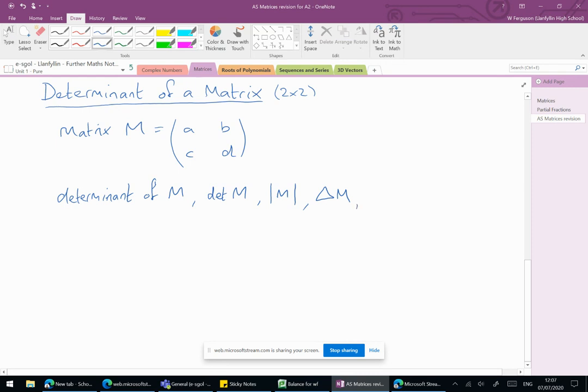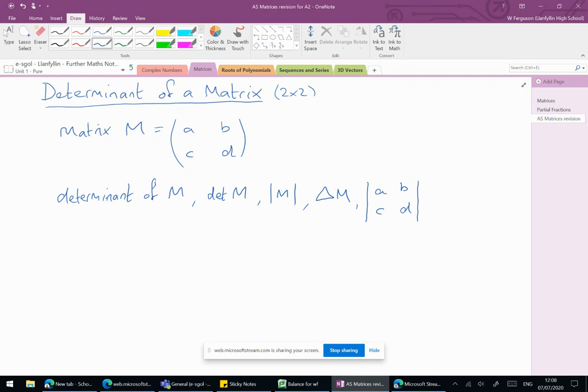Or I might just put the modulus signs around the matrix rather than the curved brackets around it. I might just put the modulus sign around the 4 elements within the matrix as well. So a variety of different types of notation, unfortunately, for the determinant of a matrix, and it's important that you can recognize any of those and be confident in knowing what it refers to.